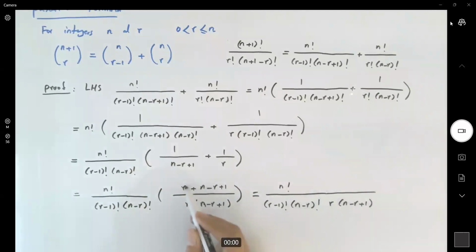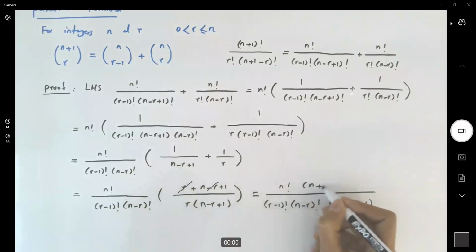And on the numerator, we can cancel out these two. We get n plus 1.